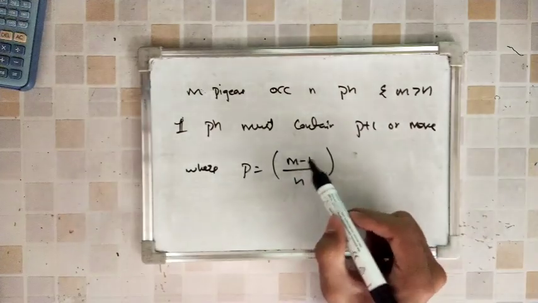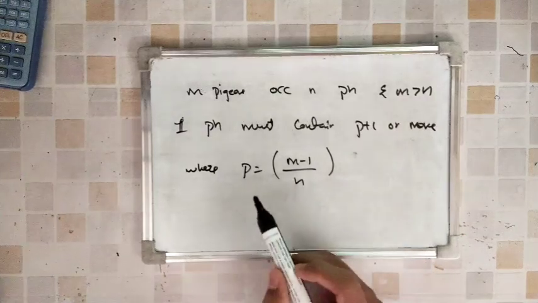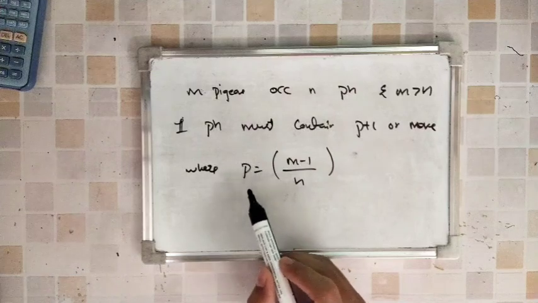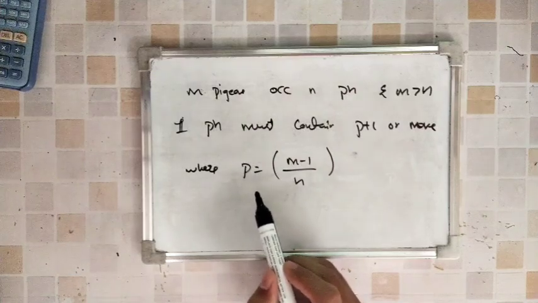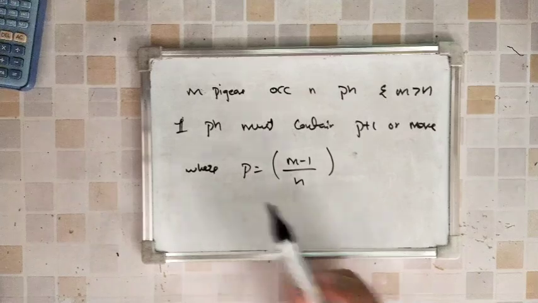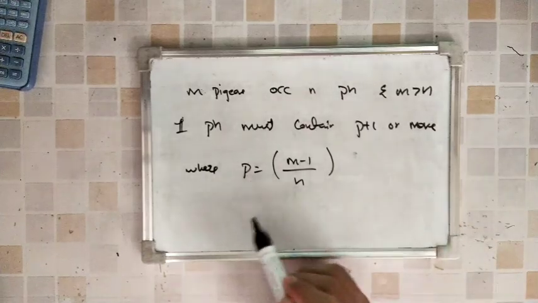M is the number of pigeons and n is the number of holes. P tells us how many pigeons will occupy the same hole; that is the formula we are writing.